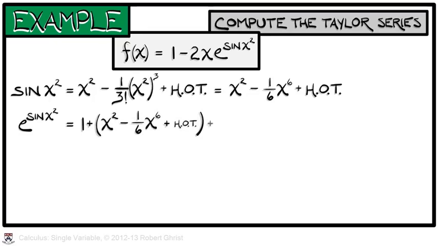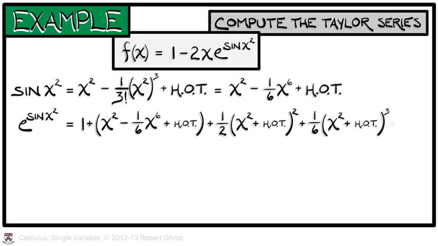We use the Taylor series for e to the x: 1 plus our quantity above plus 1/2 times that quantity squared plus 1/6 times that quantity cubed, etc. Notice that I'm using plus higher order terms liberally in order to ignore things that aren't going to matter for the first few terms. To simplify this, we go degree by degree.